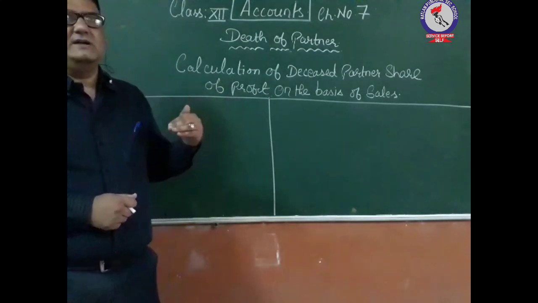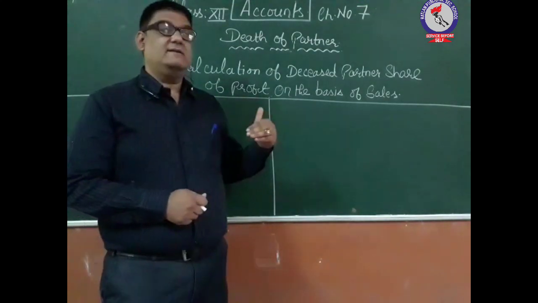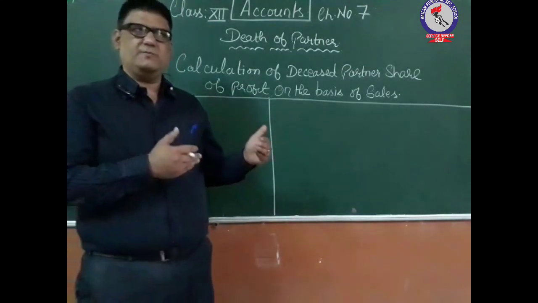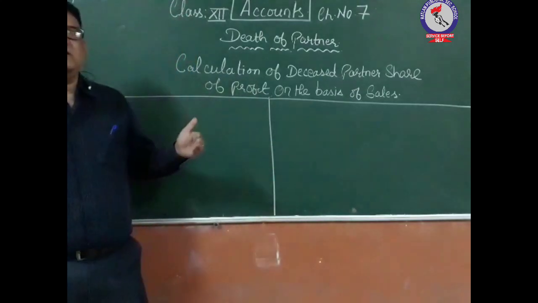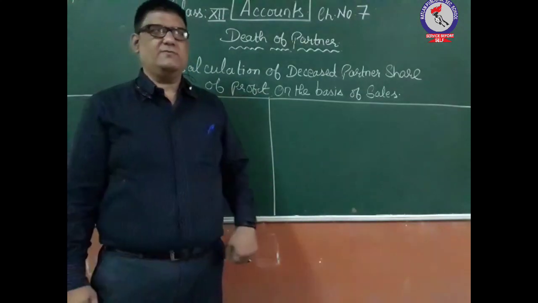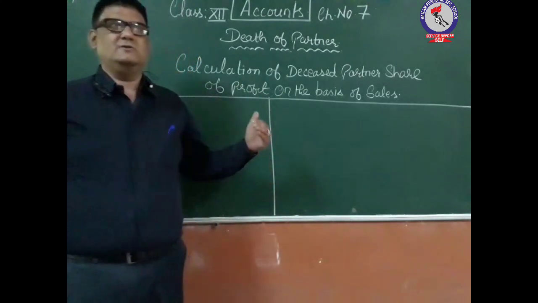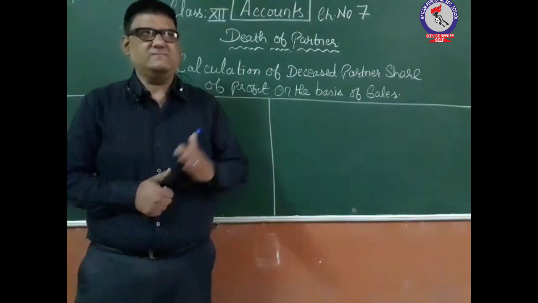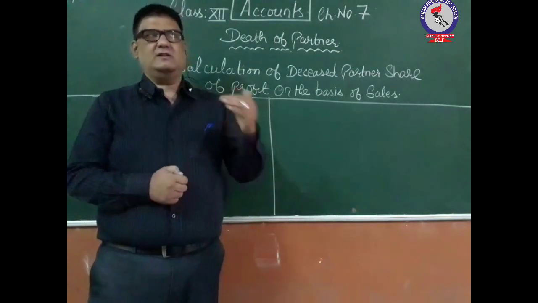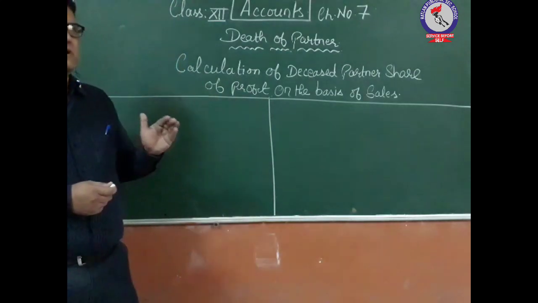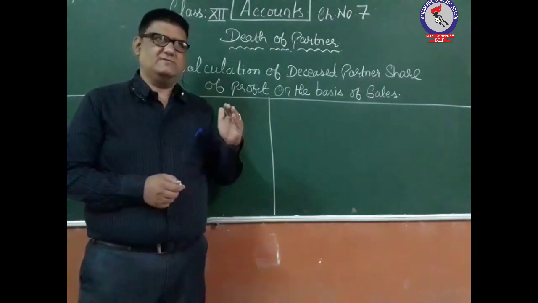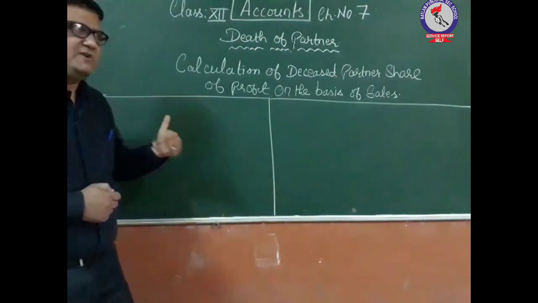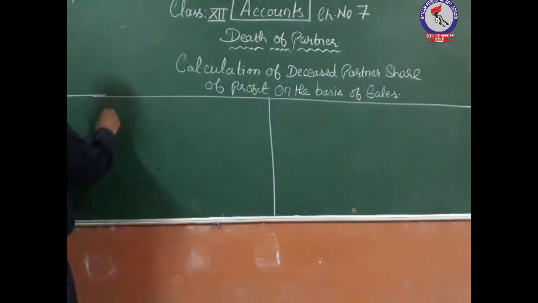It is given that the previous year sale was a certain amount of rupees and the profit on that sale was a particular amount, and you are also given the sales of the current accounting year up till the date of the death of the partner. So on the basis of that, how will you do it? We can use this formula: first we find out the profit percentage of the previous year.